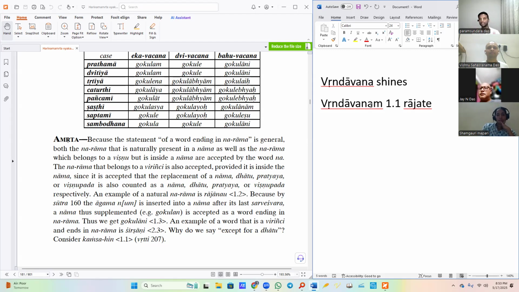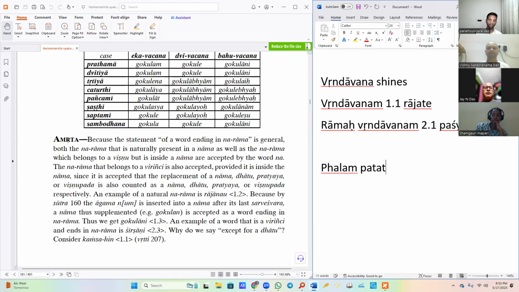So this is subject, Vrindavanam Rajate, and if we want to use it as object, then let's say Ramaha Vrindavanam Pashyati. Rama is seeing Vrindavana. Here it is 2.1. So like that, or you can use another example.